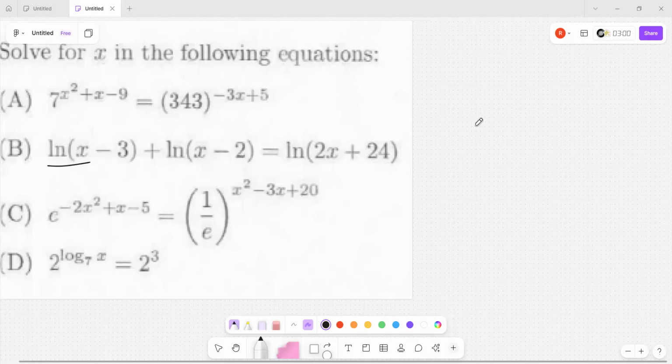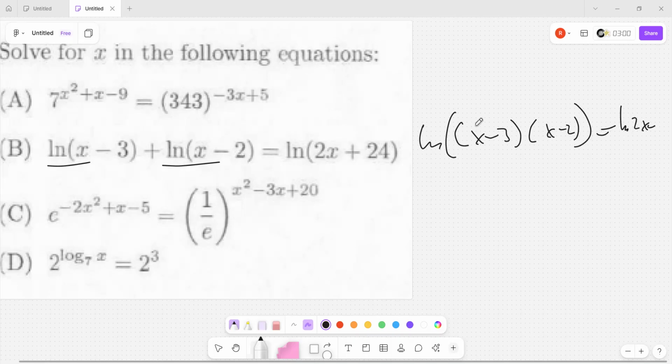Okay, ln plus ln, so it will be just one ln: (x minus 3) times (x minus 2) equals ln of 2x plus 24. Then the ln cancels the ln, so x minus 3 times x minus 2 gives x squared minus 5x plus 6 equals 2x plus 24.